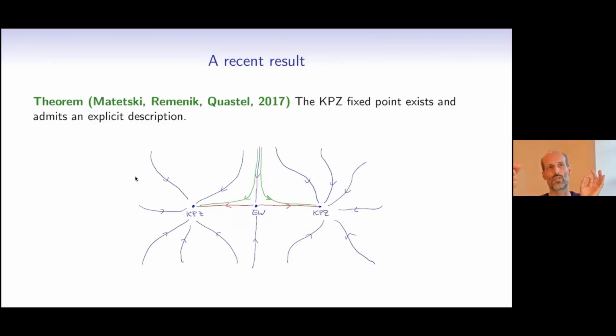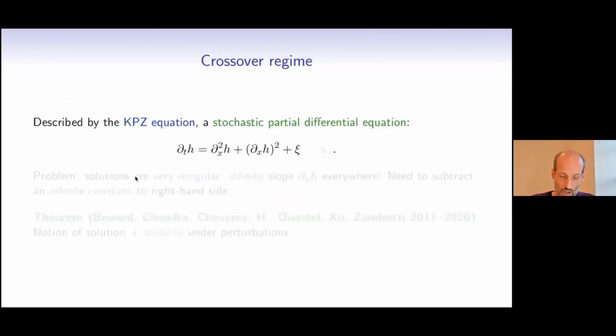So that corresponds to, is there a physical model, or mathematical model, if you want, which has the property that if I zoom in, it converges to this Edwards-Wilkinson fixed point, and if you zoom out, it converges to this KPZ fixed point. And there the conjecture was always that there's exactly one model which has these two properties, and which is called the KPZ equation.